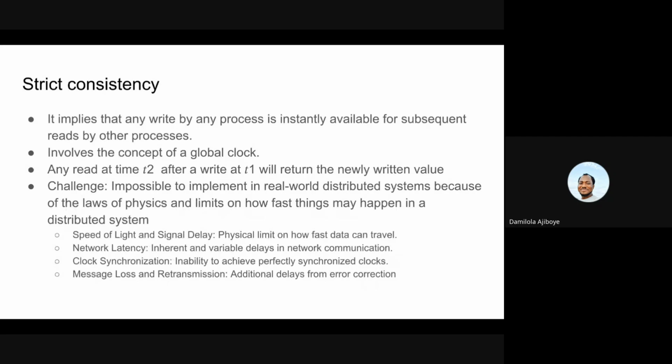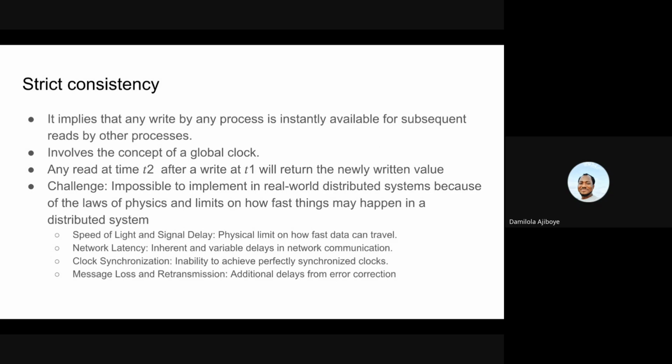So if we have multiple processes performing operations, and one process performs a write, we want it to synchronize instantly to all the other processes, which is why this is the most extreme. It involves the concept of a global clock. So any read at time 2, after a write at time 1, will return the newly written value. This is one expectation that we have in this particular consistency model.